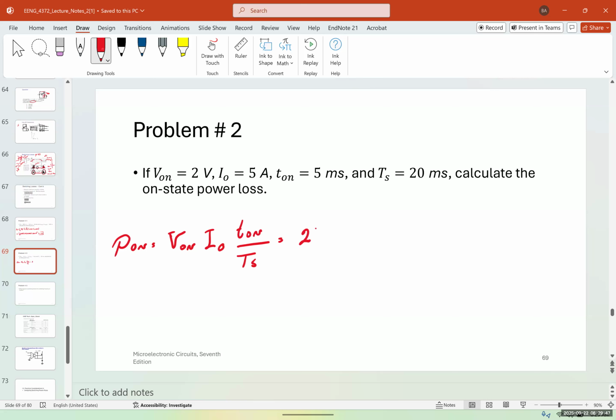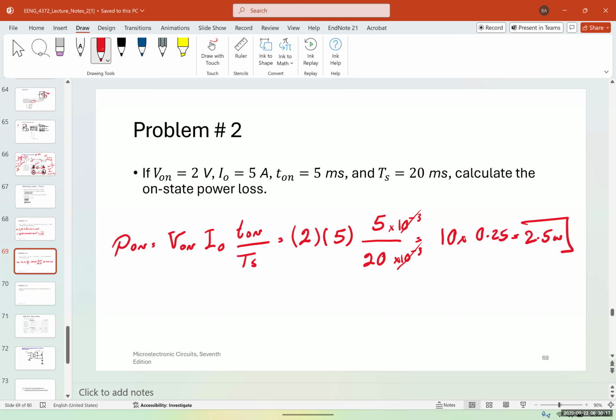V on is 2 volts, I is 5 amps, and T on is 5, and Ts is 20. Both of them are in milliseconds, so it doesn't matter actually. So it's going to be 10 times 0.25, which gives us 2.5 watts.